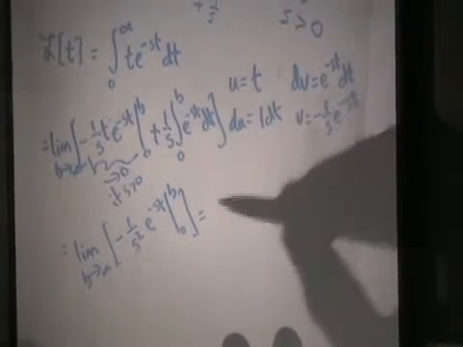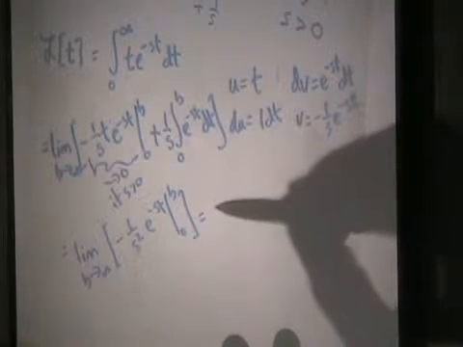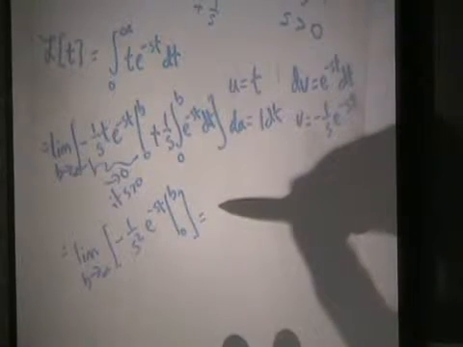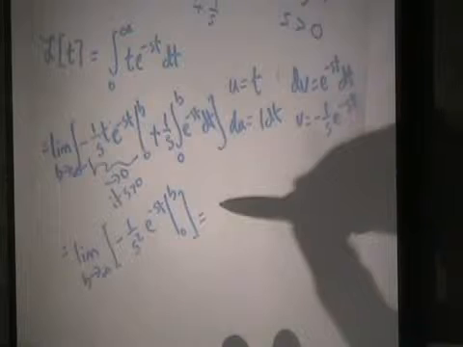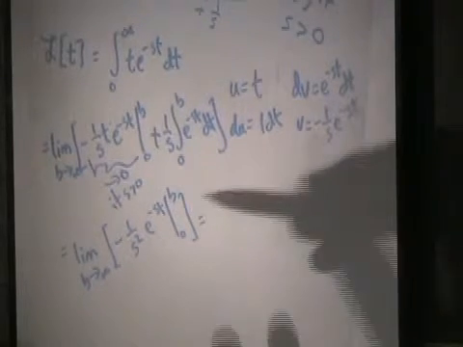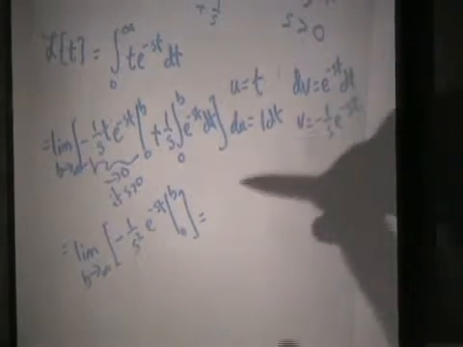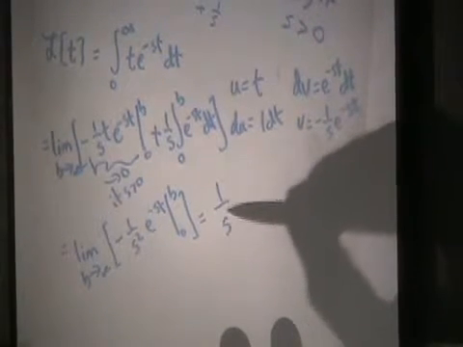Let's see, we've got to plug in t equals b. Ultimately, the part involving t equals b will go to 0 when s is positive, just like before. The only part that won't go to 0 is when we plug in 0, because we'll get e to the 0, which is 1. We'll be subtracting that. Ultimately, here we'll get a 1 over s squared if s is positive.